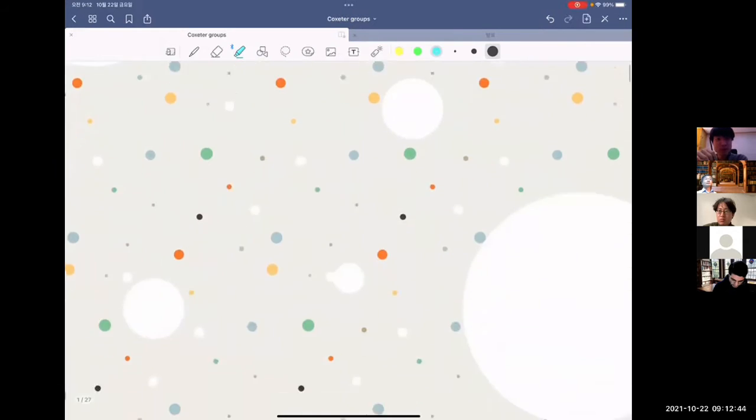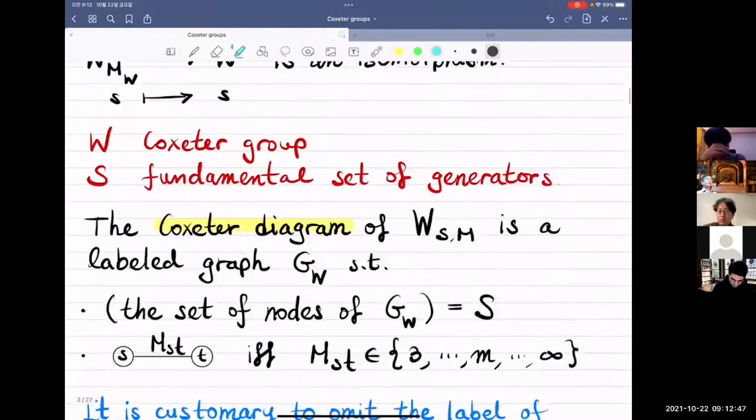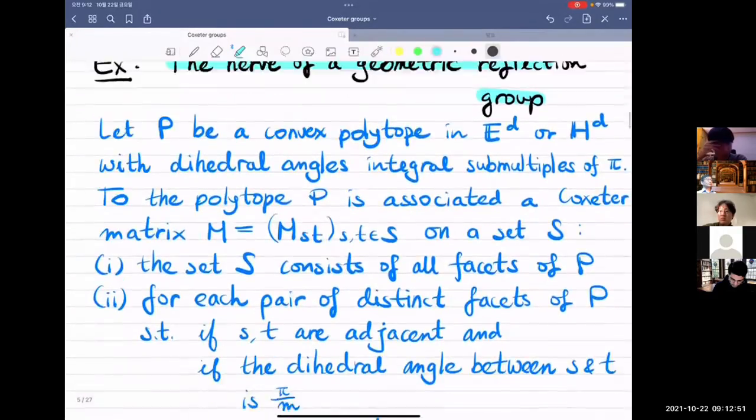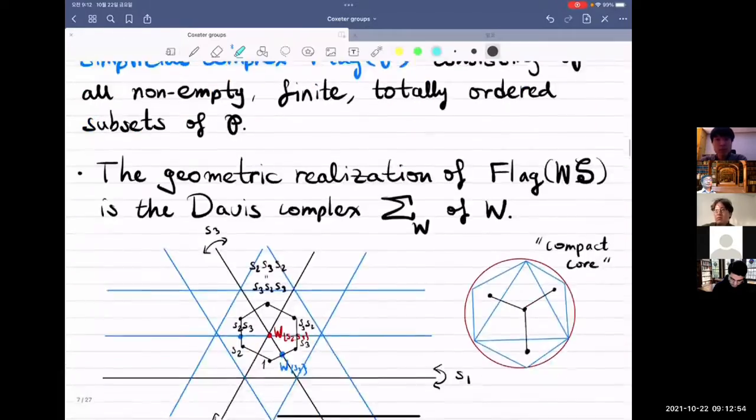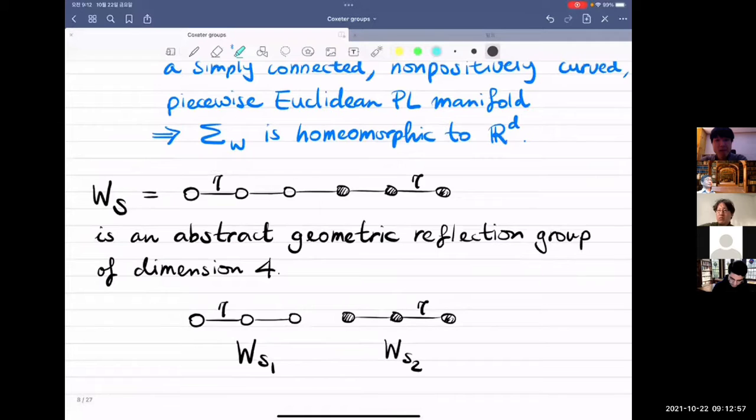We learned what a Coxeter group is, and the nerve of the Coxeter group, and particularly we played with one particular example. We realized that the nerve of this Coxeter group W_S is the three-dimensional sphere, and because of that, the boundary of this Coxeter group is also the three-dimensional sphere, and we can easily check that this Coxeter group is word hyperbolic. Those are the properties we learned last time.